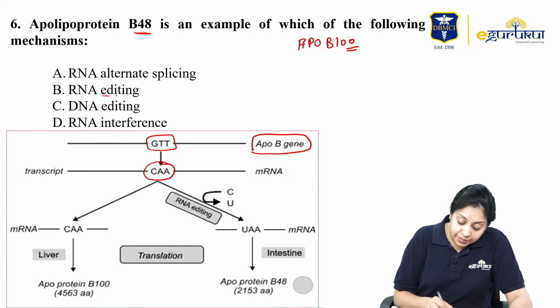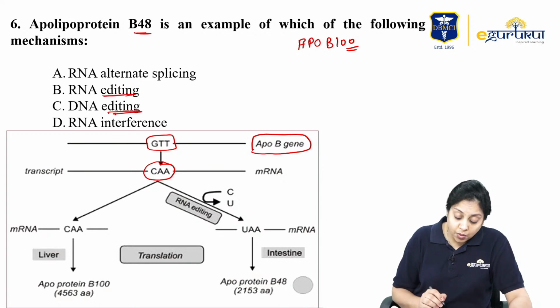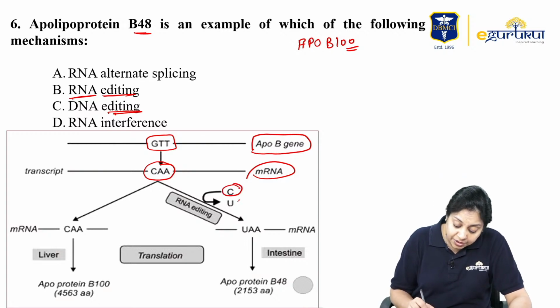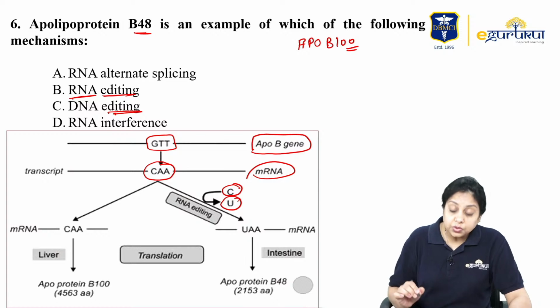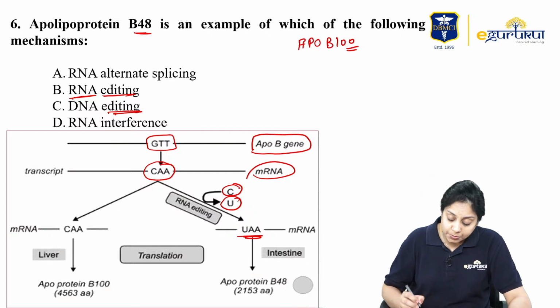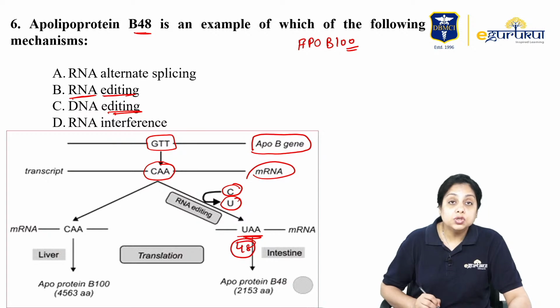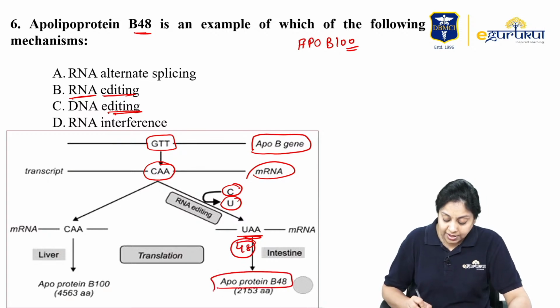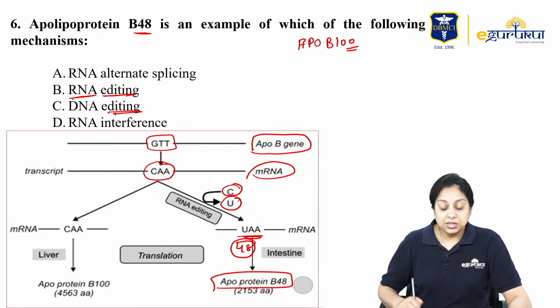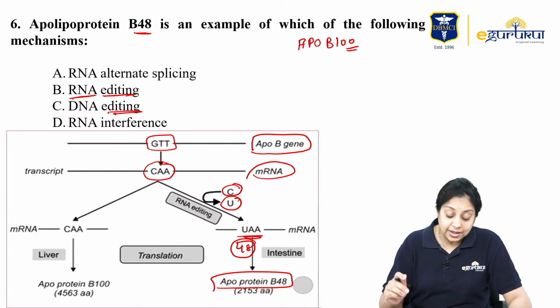Editing of RNA we are doing, in which there is a deamination done by the system itself. It is predefined. Cytosine is deaminated to give you the uracil. So rather than CAA, it becomes UAA, which is one of the stop codons, and the translation stops at the 48th position. So you get ApoB-48 rather than getting the normal ApoB-100, right? So we are doing the RNA editing.